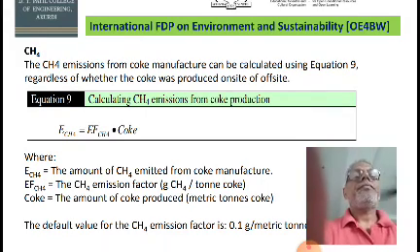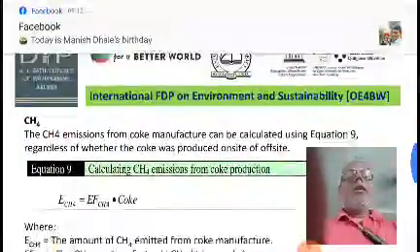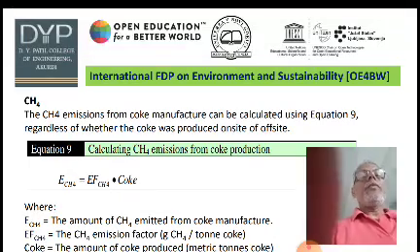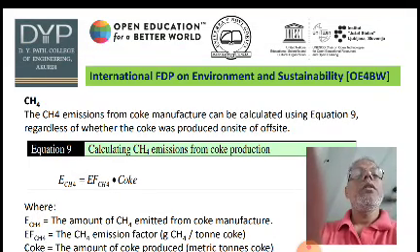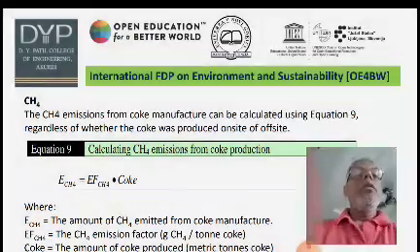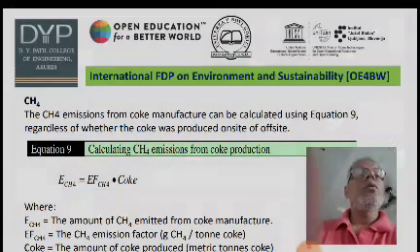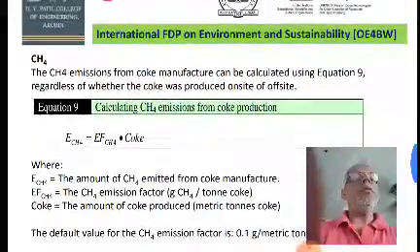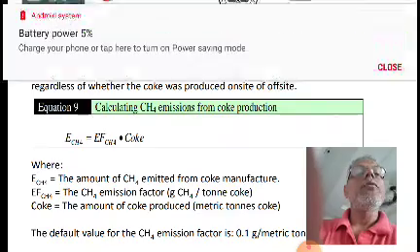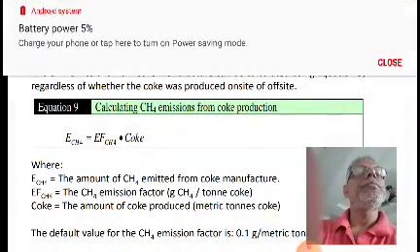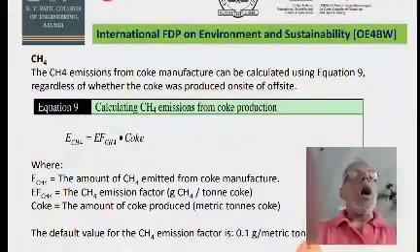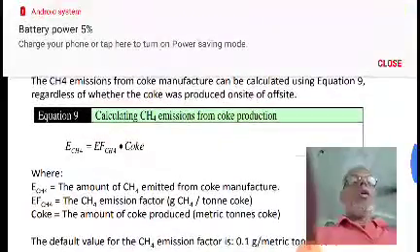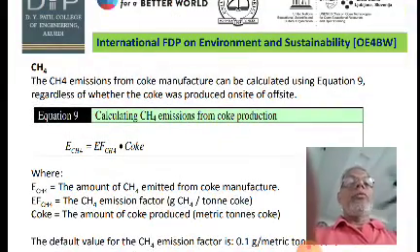Then next, it is the CH4 emission from the coke manufacturing. It can be calculated using equation 9, regardless of whether the coke was produced on-site or off-site.